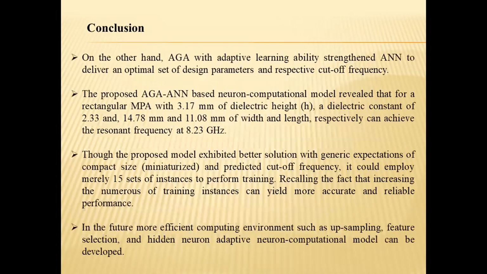Finally, come to the conclusion. In this paper, our objective was to train the artificial neural network model to obtain an optimal set of microstrip patch antenna design parameters for ultra-wideband application.